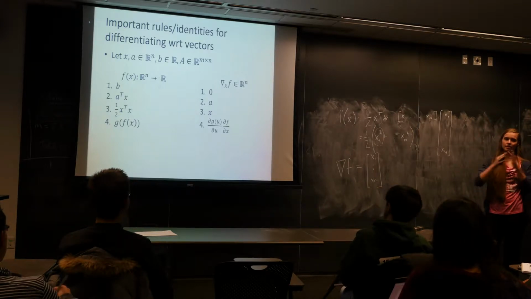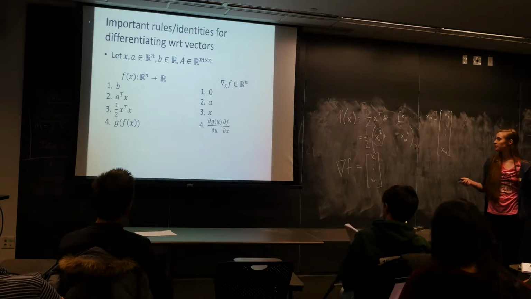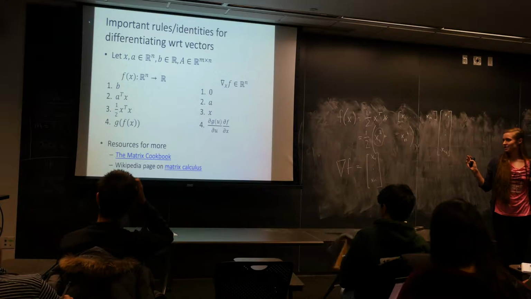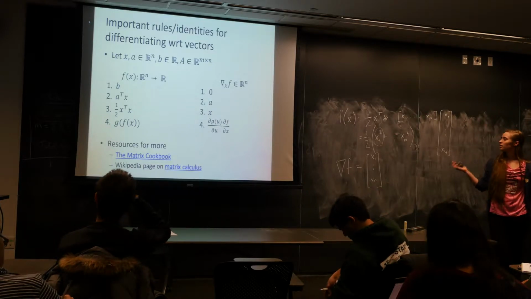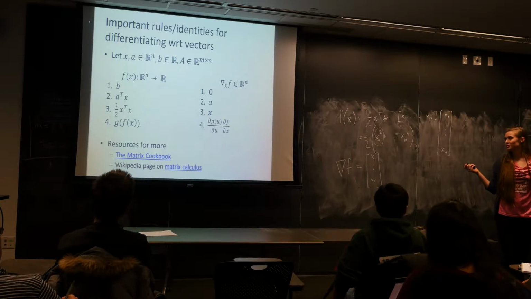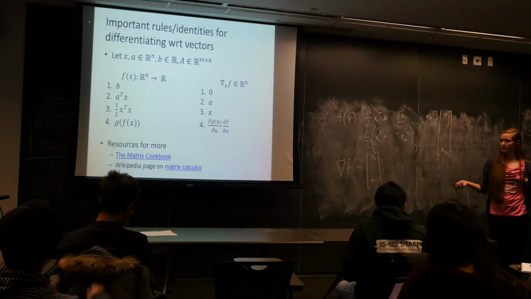And you can extend that to any number of chained functions nested within each other, just like you do in single variable calculus. So there are many more identities and resources that you can use to look at them. One popular thing is called the matrix cookbook, and then also just the Wikipedia page on matrix calculus has a ton of tables with these various identities and more.